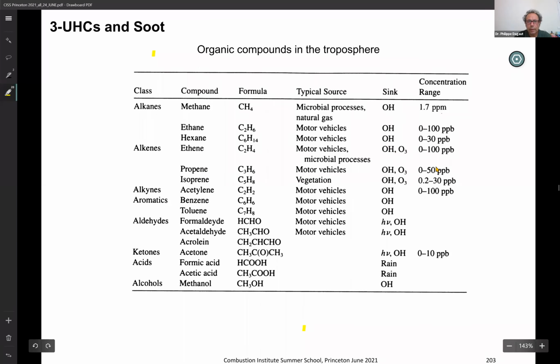Ozone will add on top of the double bond and form an ozonide, which will decompose and produce two oxygenated products. Regarding acids, they can be removed from air by rain.